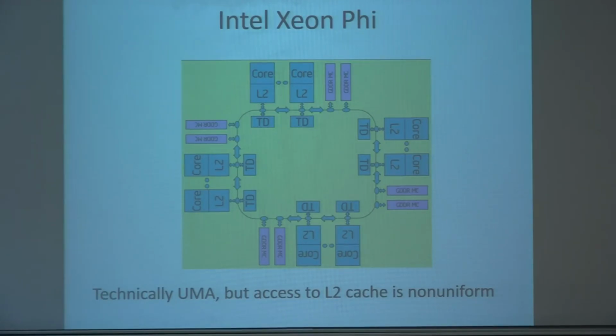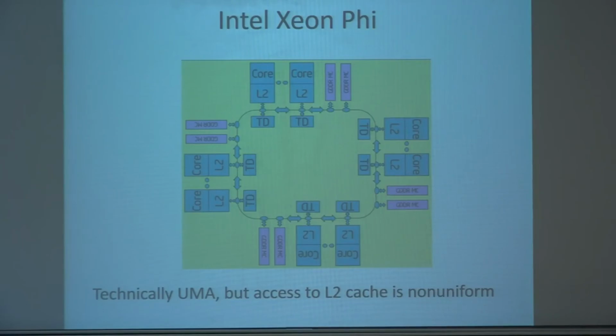I think that it is slightly non-uniform because depending on where you are on the ring bus, you can take 1 or 2 extra hops to get to a memory controller. So it's a little bit non-uniform this way. But the people who design these things want to call it uniform memory access. Maybe it sounds nicer, or maybe because the difference is so small, it's really just a difference of a few hops before you get to a memory controller.